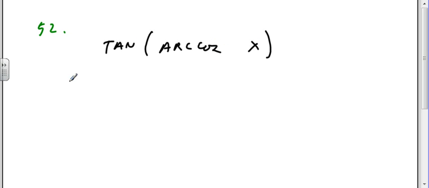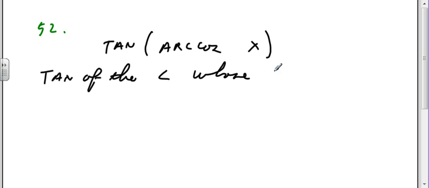All right, so 52. I want the tangent of the arc cosine of x. So I want the tangent of the angle whose cosine is x.